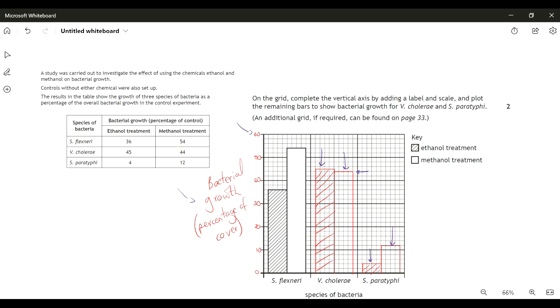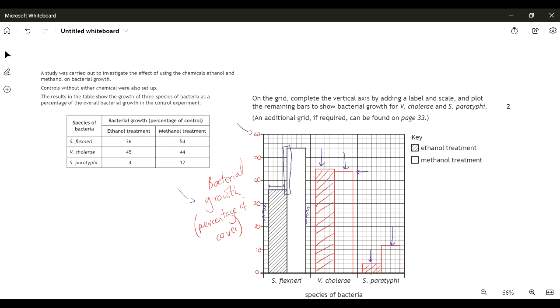It hits exactly where it should, and all of the boxes follow the same rules as the pre-plotted one. So they're all 4 boxes apart. The one for ethanol and methanol are butted up against each other, and we've got space on either side. And we've maintained those rules all the way across the remaining data points.